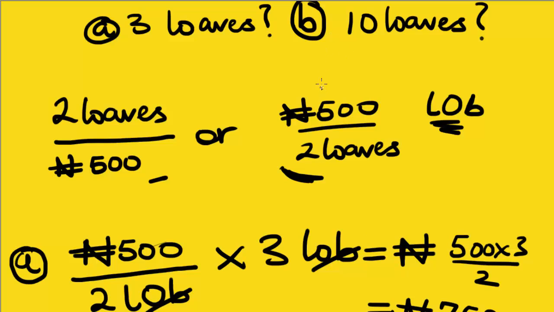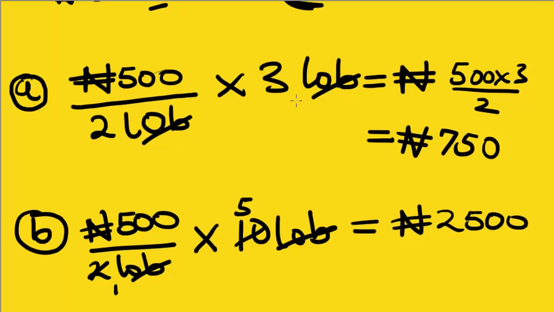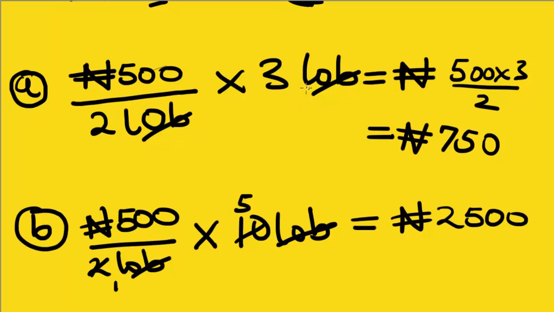The reason why I chose this version is because the naira term is in the numerator, and I know that when I multiply by 3 loaves of bread, which is what I want, only loaves of bread will cancel out and naira will remain.